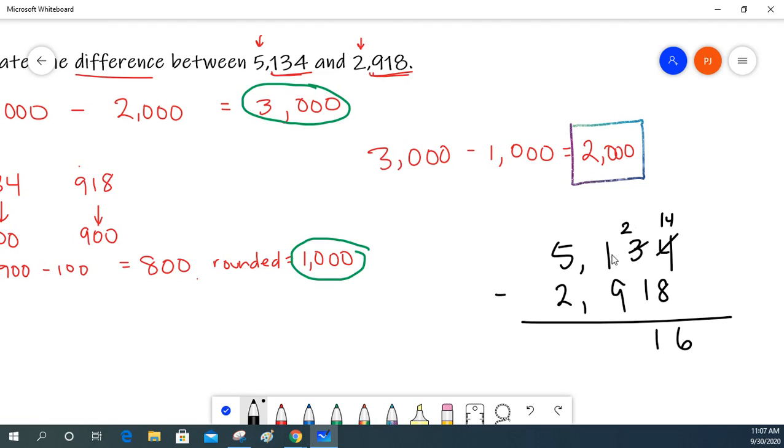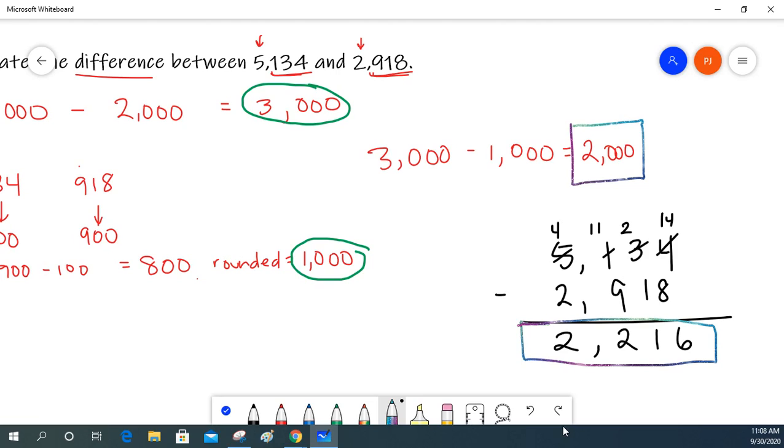And then, oh gosh, 1 minus 9, I have to regroup again. So I'm going to borrow 1,000, and I'm going to say that now this is only 4,000. And instead of just 1 hundred, I'm going to say that I have 11 of them. So now I can do 11 minus 9 is 2 hundreds. And then 4 minus 2,000s is going to be 2,000s. So here is my actual difference.